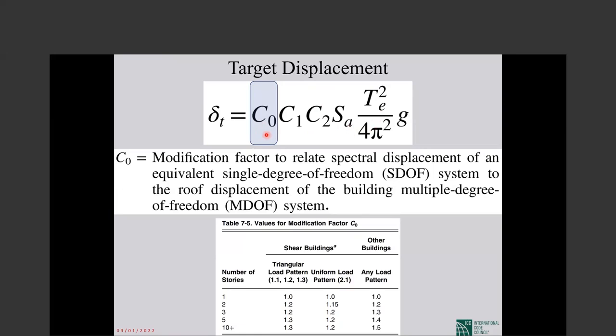The dynamic factor in the formulation has a specific equation, so it's nothing difficult. It's completely based on the properties of the system, the shape of the mode, and this contribution factor is a very well-known factor.